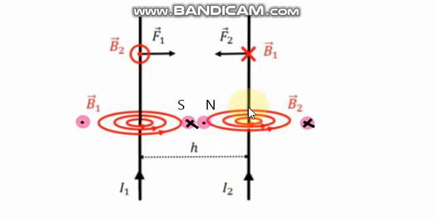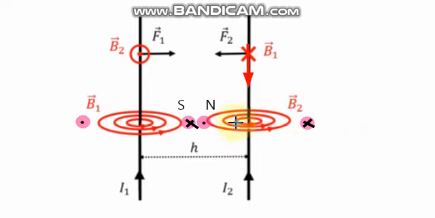If the case is reversed, that is, if one of the wires is carrying a current in the opposite direction, then what will happen? That is, if this wire carries the current in the downward direction, then the magnetic field of this wire will also be reversed, and it will be going into the page over here and out of the page over here.